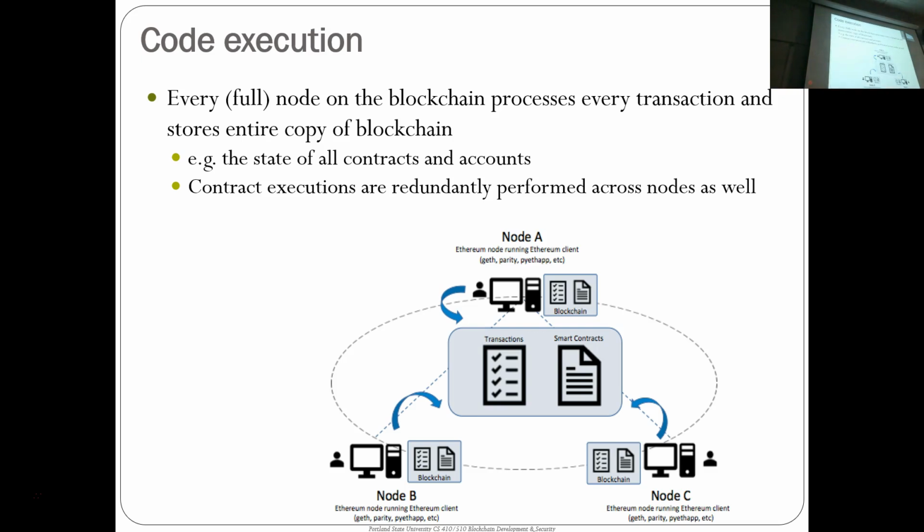So every full node on the Ethereum blockchain processes every single transaction and stores the entire copy from the genesis of Ethereum. So it's the state of all contracts and accounts. And there are shortcuts that you can make to make the amount of state that is actually stored less.